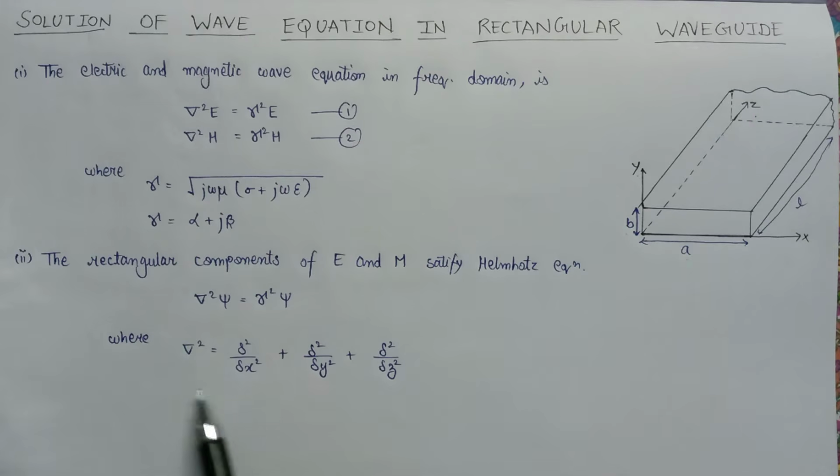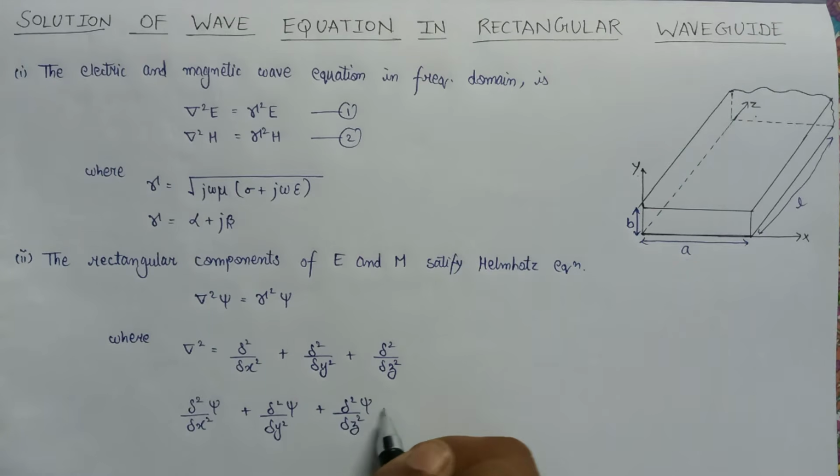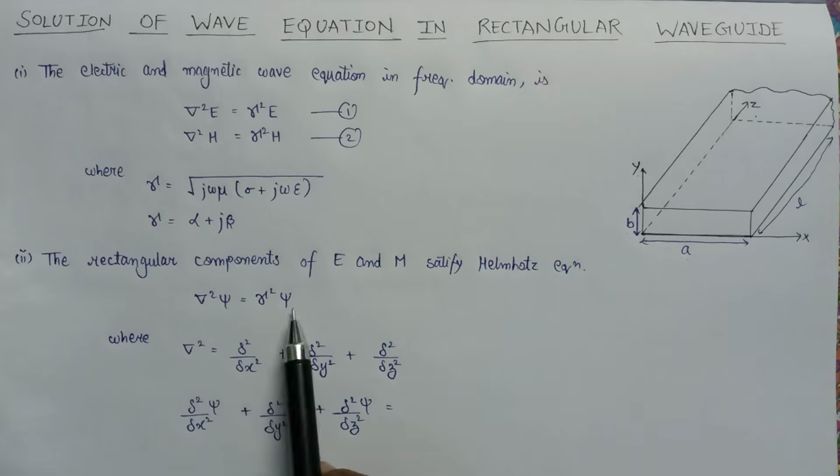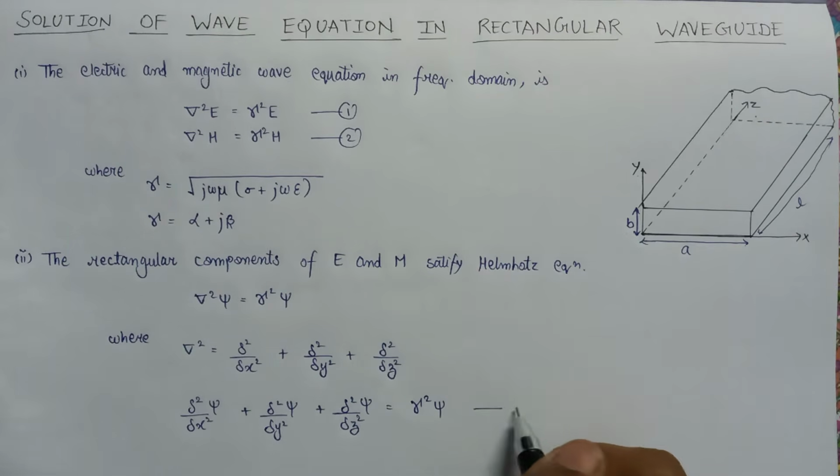Now if we substitute the value of this del square in this equation, then we get the modified equation as del 2 over del x square of psi plus del 2 over del y square of psi plus del 2 over del z square of psi equals gamma square psi. This is our equation number 3.